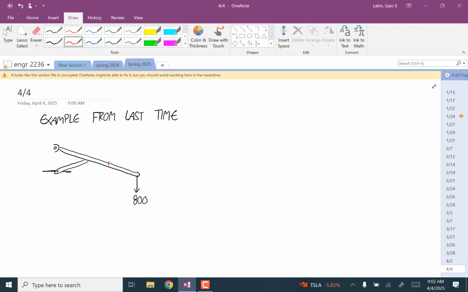And if you number the members this way, the length of member 1 was 3 meters, and the mass of member 1 was 50 kilograms. The length of member 2 is 1.5 meters, and the mass is 25 kilograms.